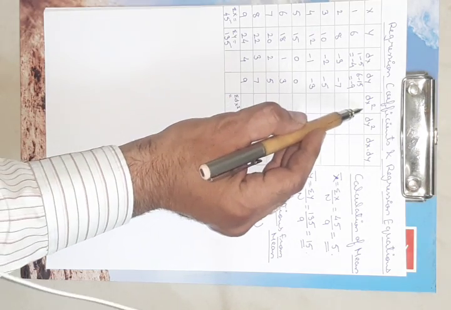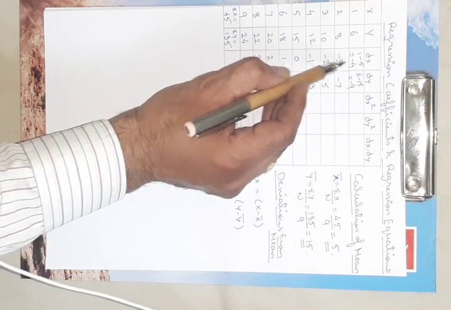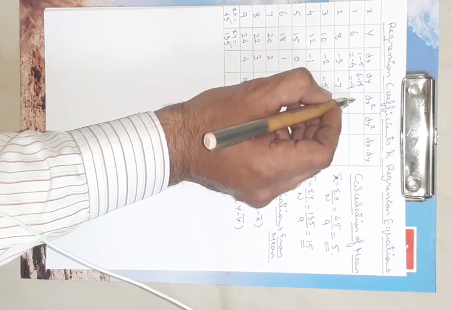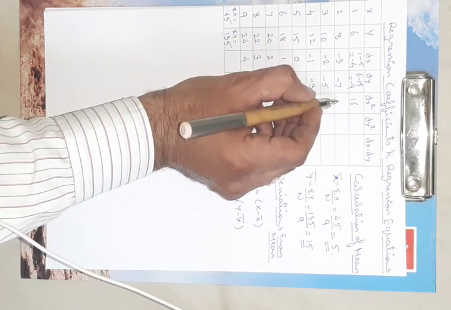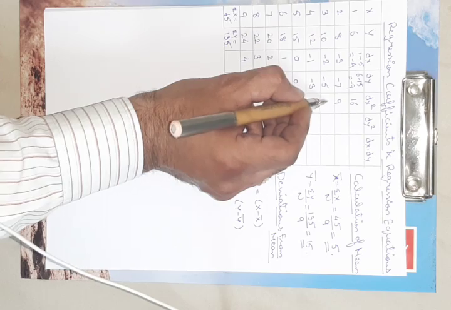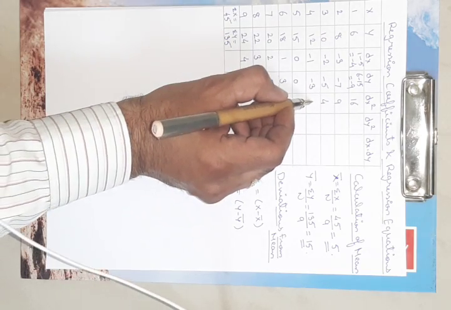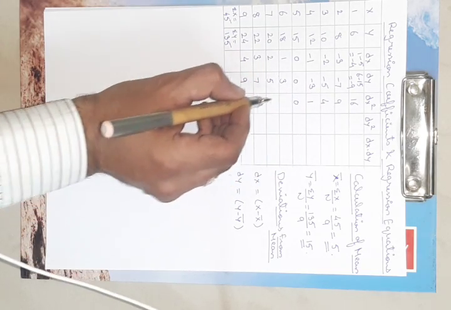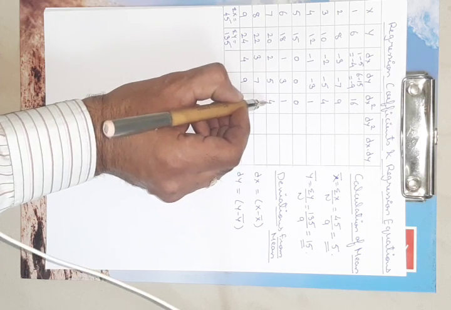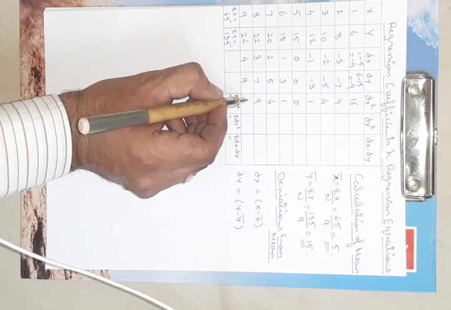Now in the next column we need to calculate dx square, the square of column number 3. So minus 4 square is 16. Minus 3 square is 9. 2 square is 4. 1 square is 1. 0. Then 1, 4, 9 and 16.